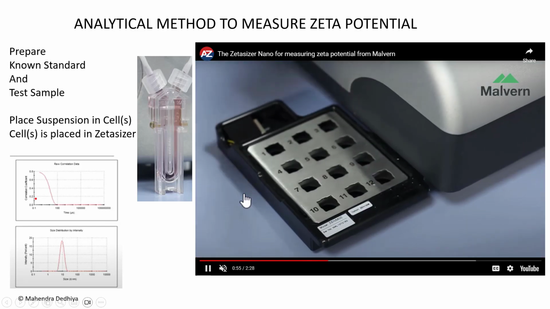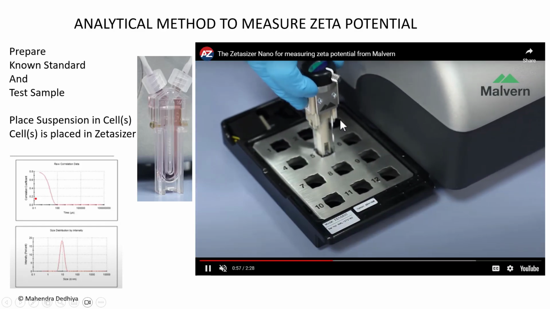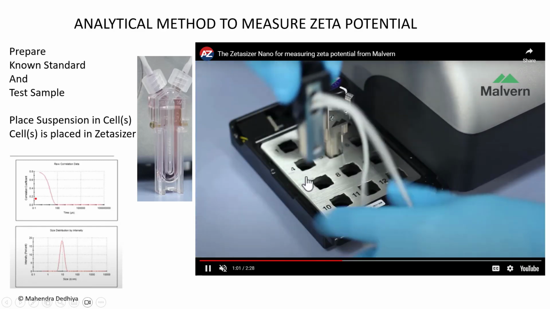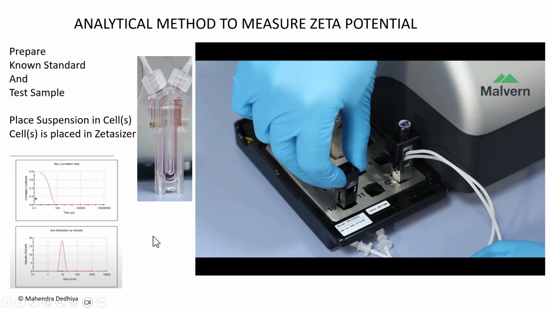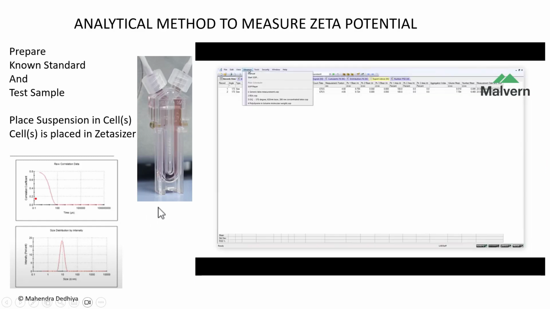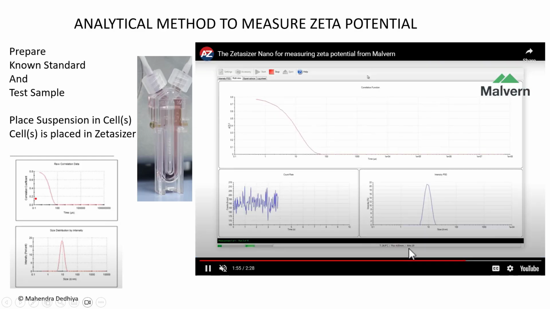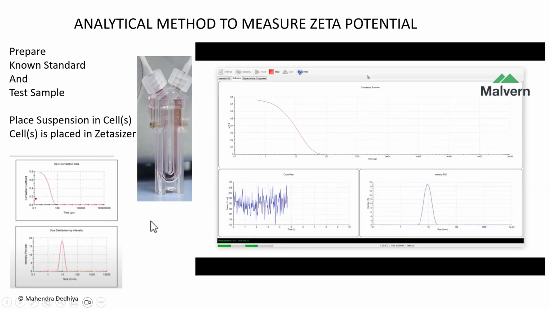We insert the samples in a specialized cuvette and then measure the zeta potential. Graph by selected parameters. So here's an example of a zeta potential intensity result.